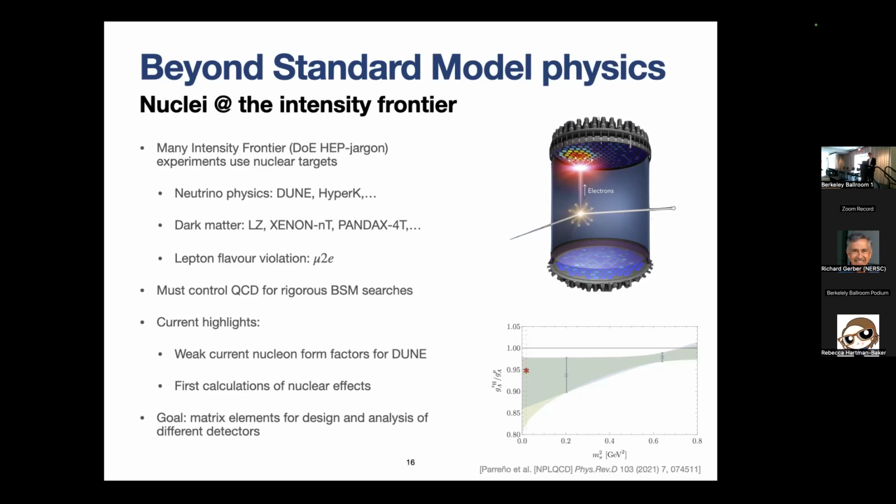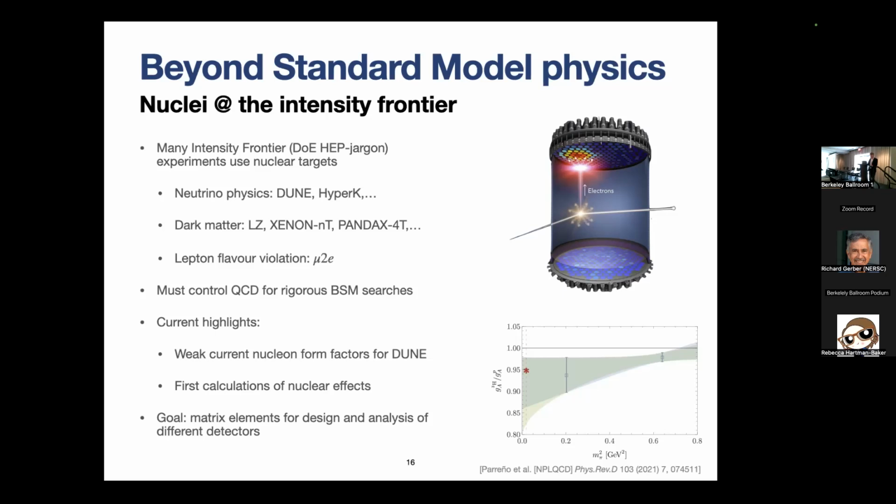And so, for example, the LZ experiment that was measured yesterday is one of these cases where you have a large tank of nuclei and you're looking for a very, very rare process happening inside that tank. In order to really understand these experiments, they're made of nuclei, so you need to understand the QCD physics of what's going on in order that you might actually be able to say something about beyond the standard model physics.